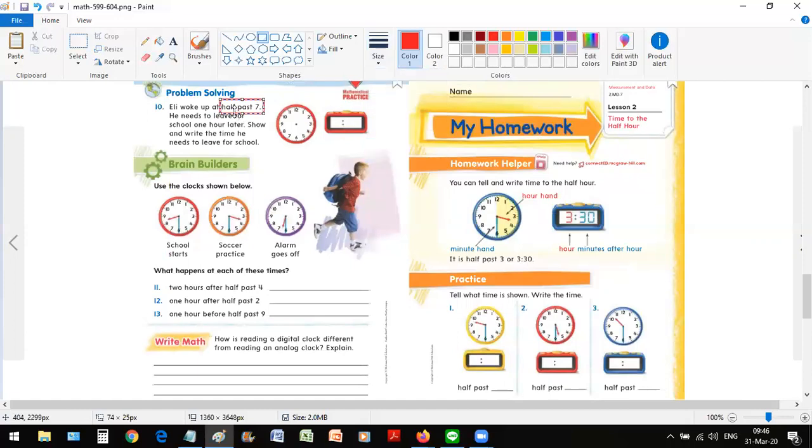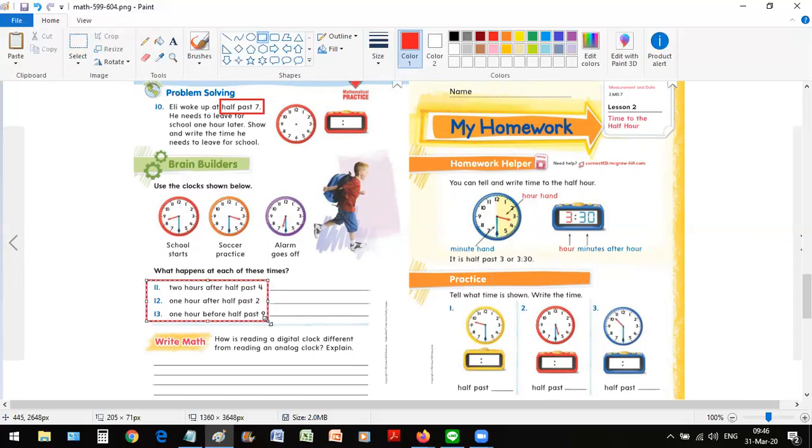The time you need to show is 7:30. And then looking at these analog clocks, just read the time on them and then answer these questions 11 to 13.